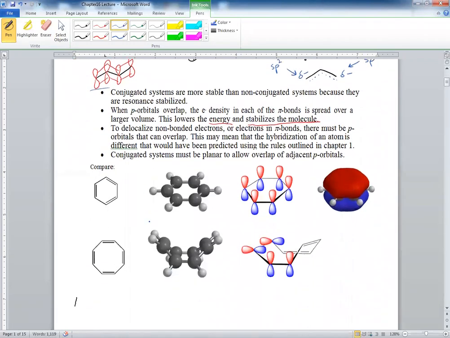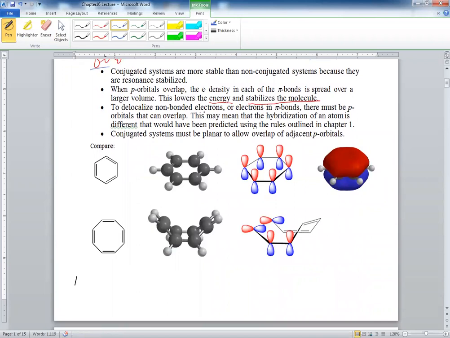The last thing I wanted to mention about conjugated systems is that they must be planar. They must be planar to allow the overlap of adjacent p orbitals. So benzene here is planar, you can see. And you notice that you can overlap all of these p orbitals because they are parallel to each other. They are in the same plane. And we can do, of course, the ones on the bottom right there.